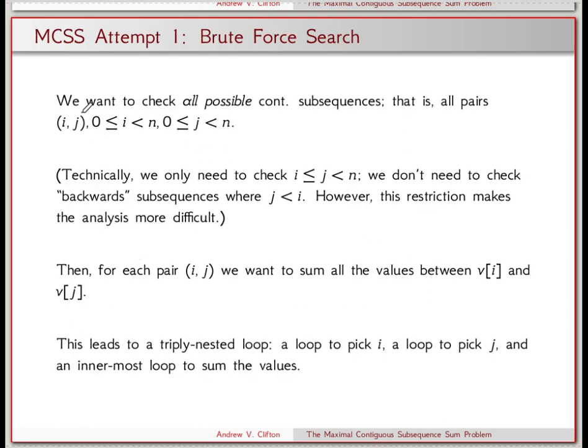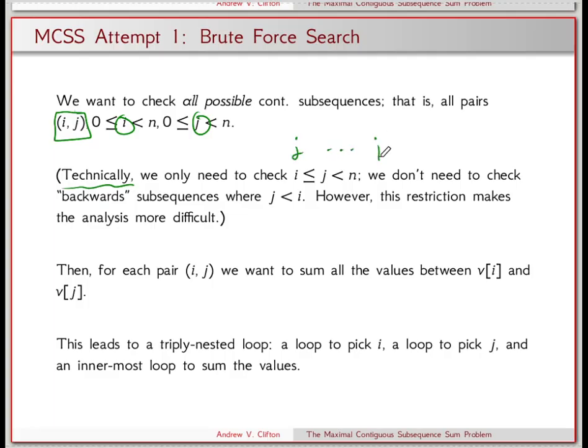So we're looking for all of the starting and ending points, all of the i and j here that are between the starting and ending points of the whole sequence there. So greater than or equal to 0 and less than n, the size of the sequence there. Now, technically, we don't really care about sequences that end before they begin, right?